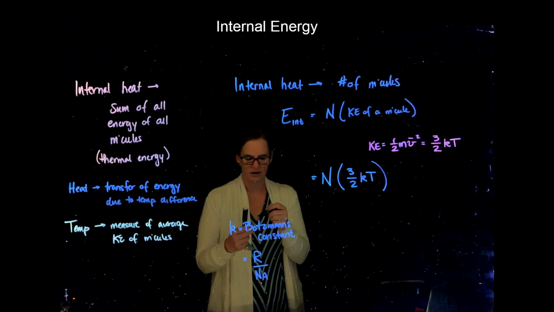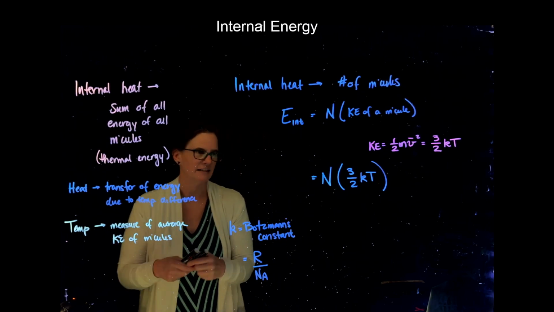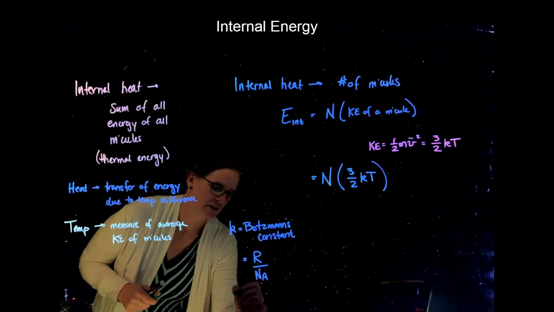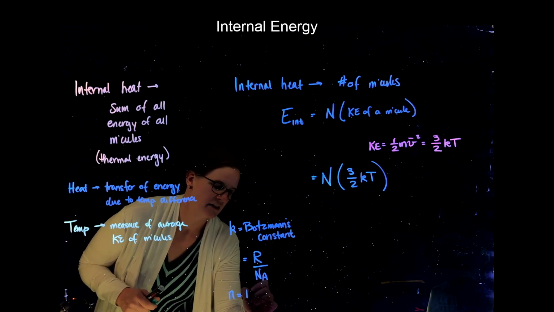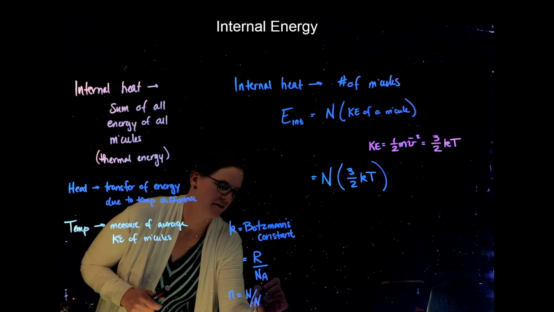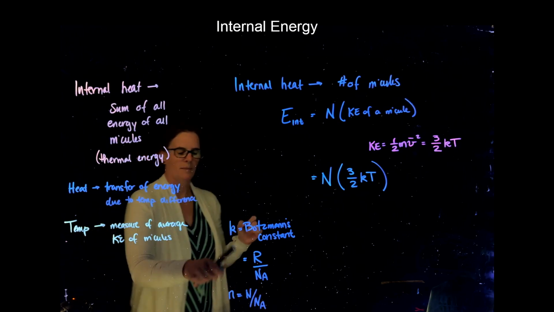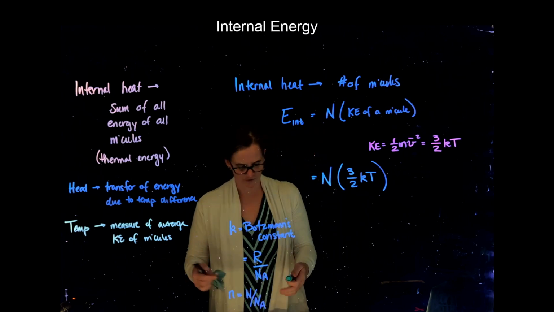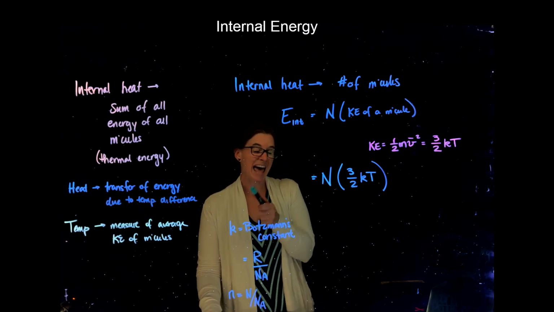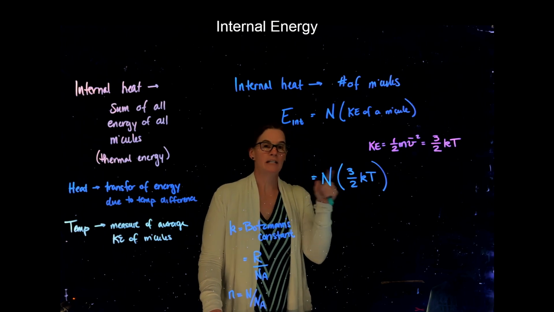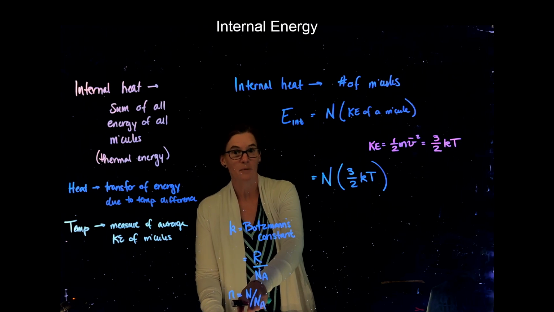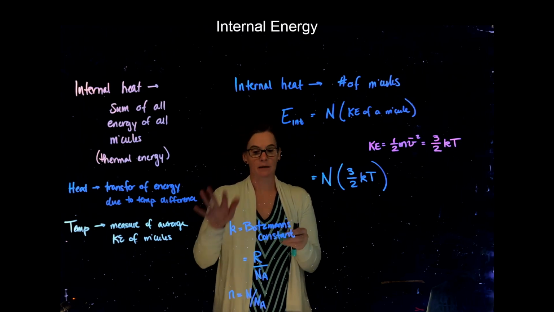And we've also defined this small n as the number of molecules divided by Avogadro's number. Remember? So that small n was the number of molecules divided by Avogadro's number, because we've used that in nRT. The number of moles is the number of molecules divided by Avogadro's number. That's the number of moles, small n.